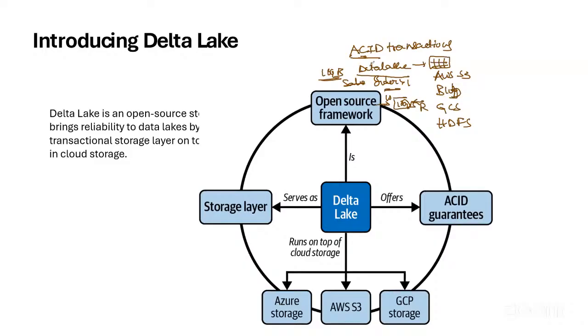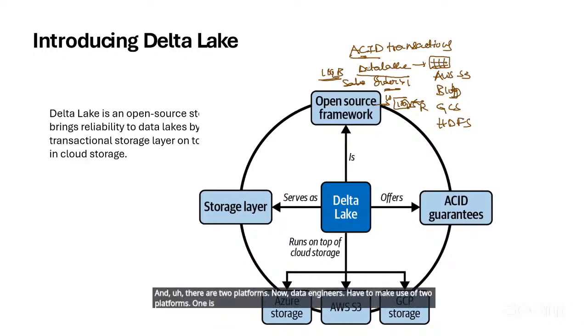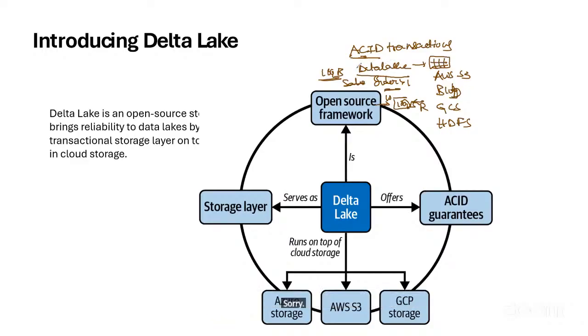Now data engineers have to make use of two platforms: a data lake to store raw data, and a data warehouse, where we can store the data in structured format, in the form of tables.